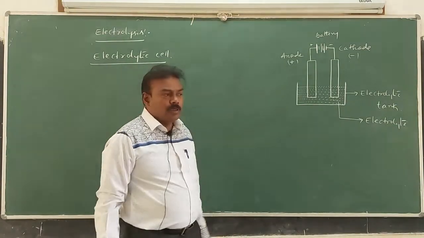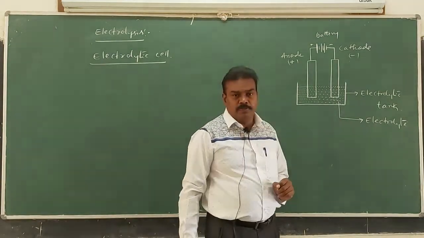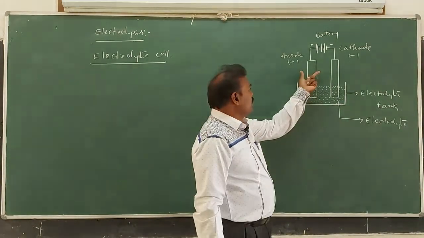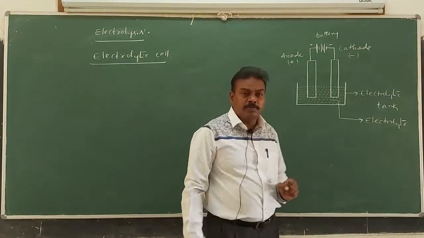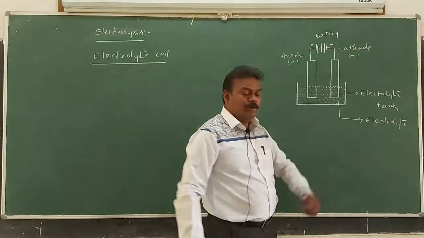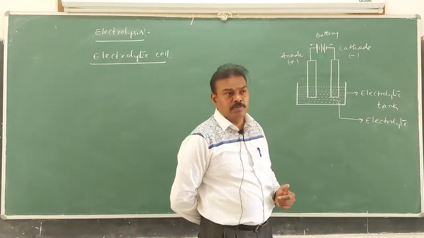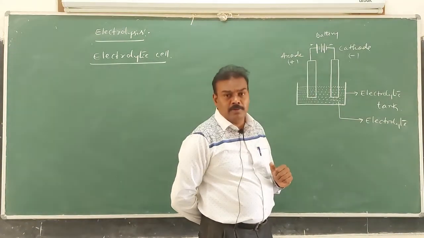First of all, we take the electrodes, one is an anode and one is a cathode. Usually we prefer graphite electrodes. Sometimes we prefer metal electrodes, in which one acts as an anode and one acts as a cathode.